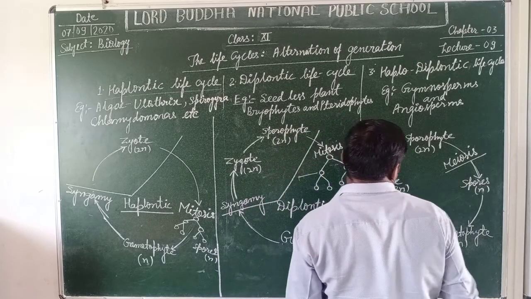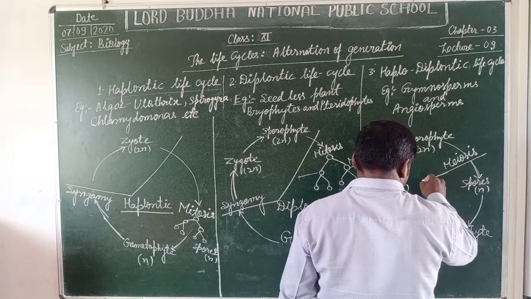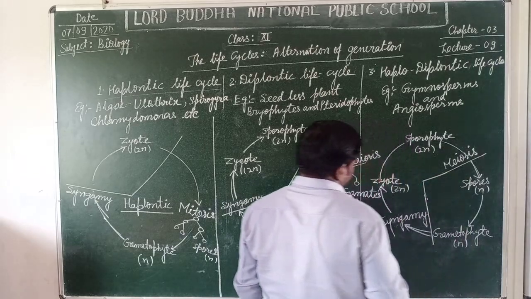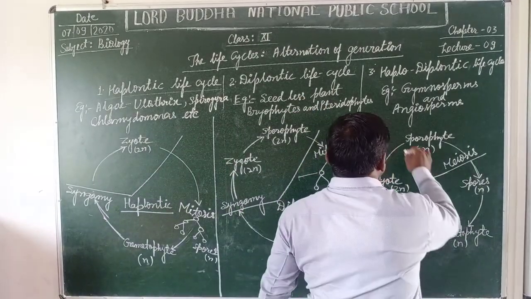And further the zygote undergoes the development of the main plant body, the sporophyte.